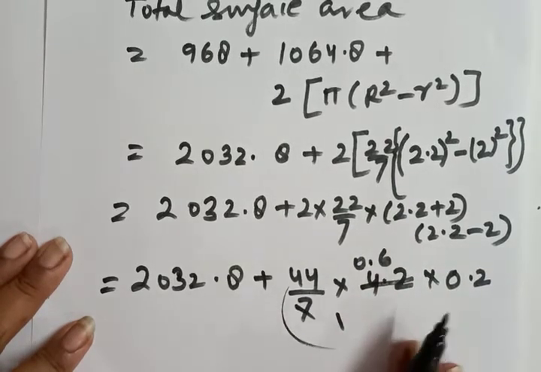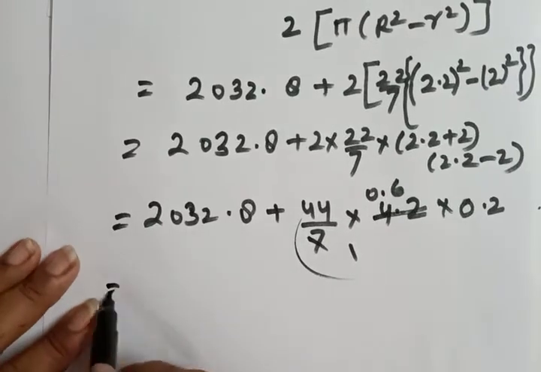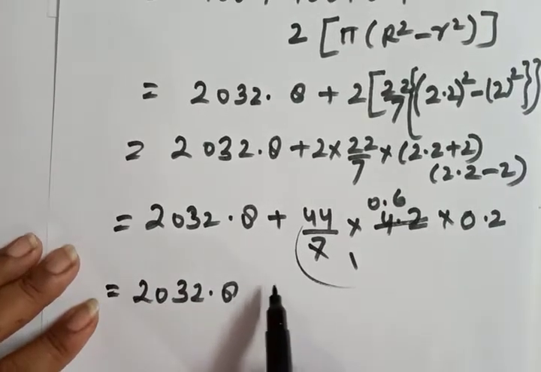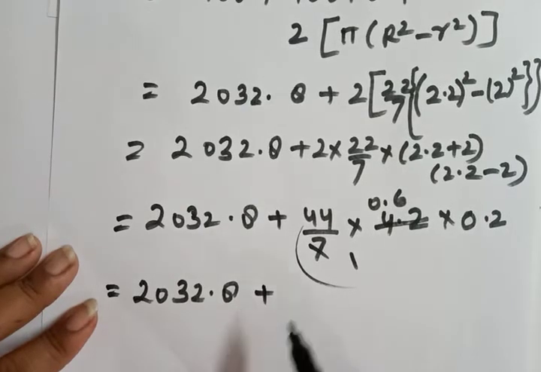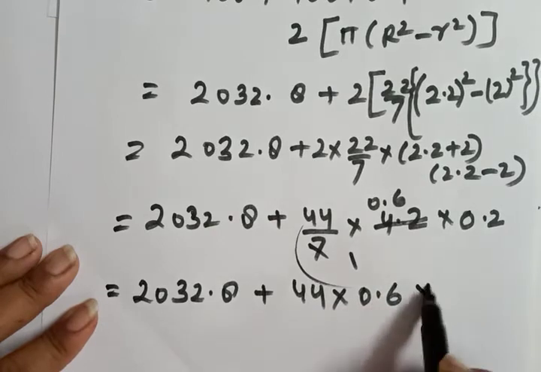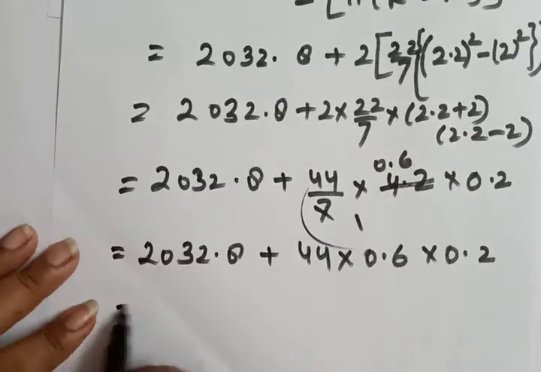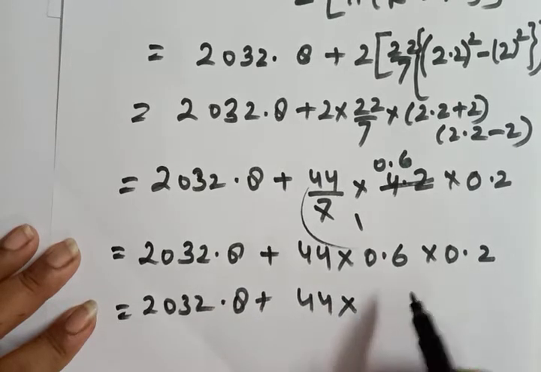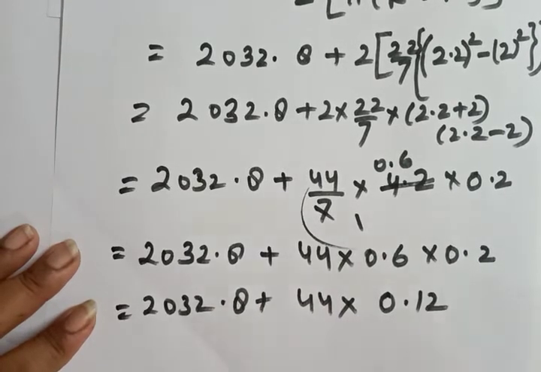So we need to multiply this, and that is equal to 2032.8 plus 44 into 0.6 into 0.2, that is 2032.8 plus 44 into 0.12.